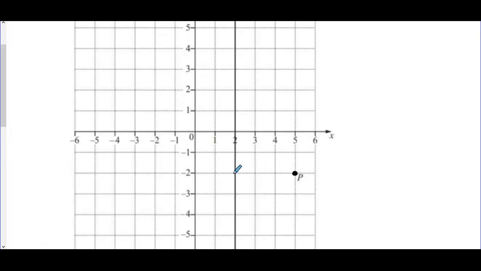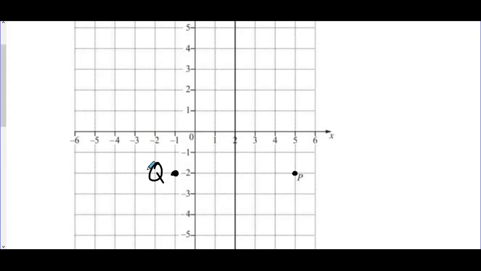Now we count the same 3 boxes on the other side of the mirror: 1, 2, 3. So you mark that this is where point Q will be. Let me check quickly: 1, 2, 3 boxes. So Q will be here.